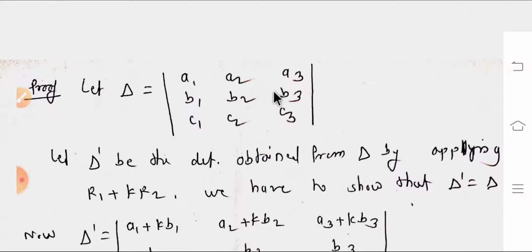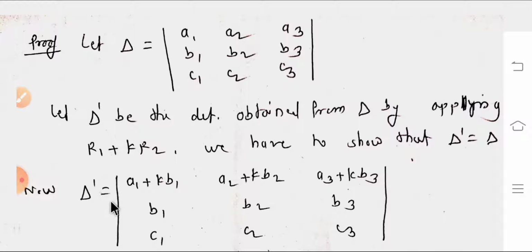Let delta equal the determinant of a1, a2, a3, b1, b2, b3 and c1, c2, c3. Now let delta dash be the determinant obtained from delta by applying R1 plus k R2, so we write the first row as R1 plus k R2. Then we have to show that delta dash equals delta, the value remains unchanged.